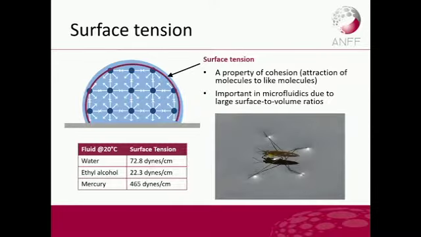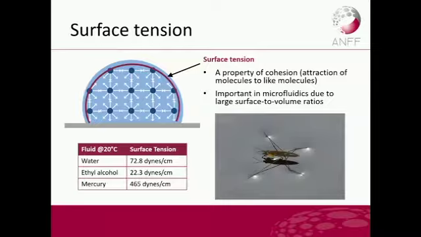The other key aspect in microfluidics is surface tension. When you're looking at droplets, surface tension is how it holds the droplets in place. Basically, we look at the molecules within that droplet.